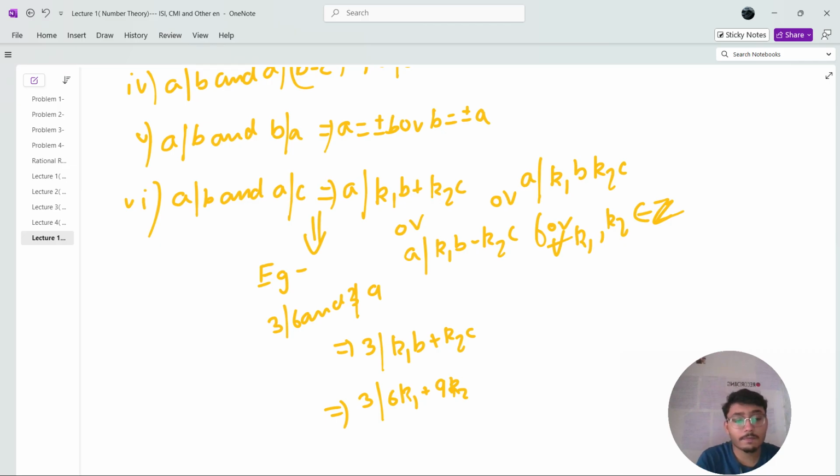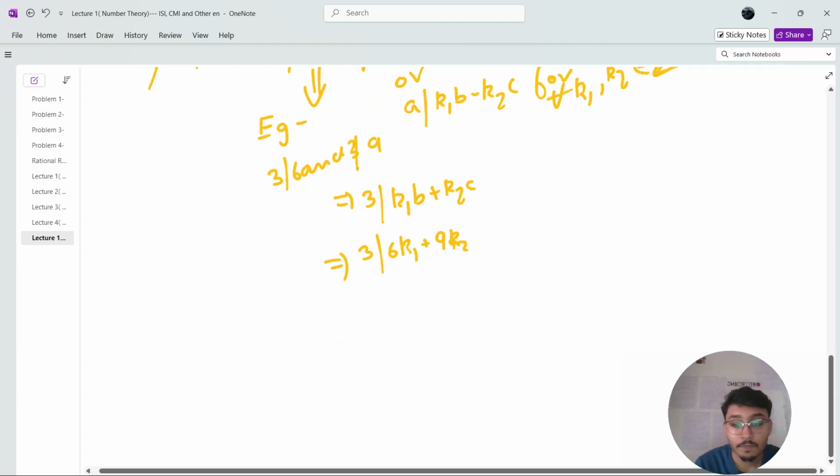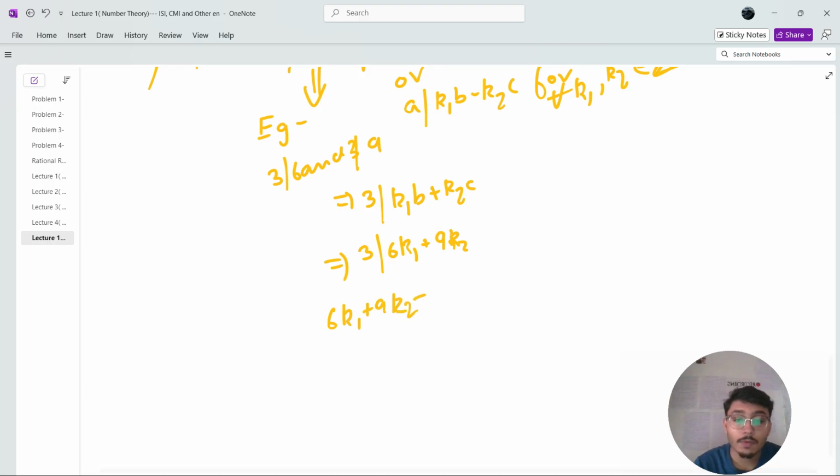One way to prove it is by taking some examples of K1 and K2, and another way is to show that it has a common factor of 3. So 6K1 plus 9K2 can be written as 3 into (2K1 plus 3K2). I have my 3, this is divisible by this 3, hence this full thing is divisible.